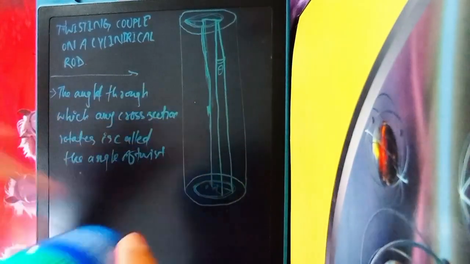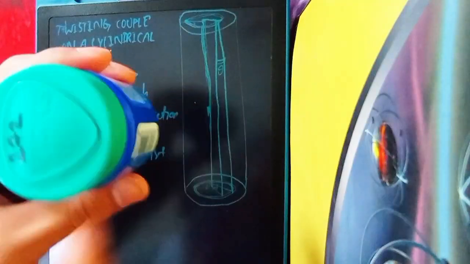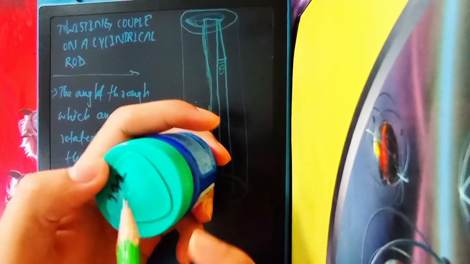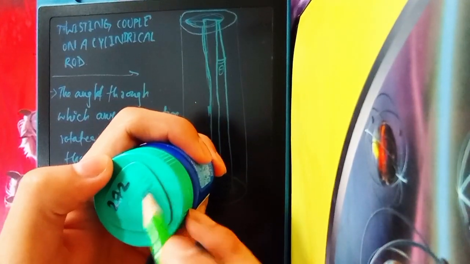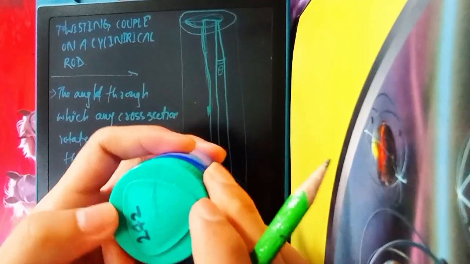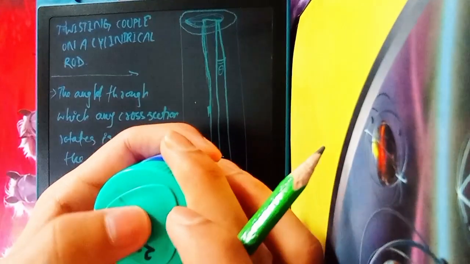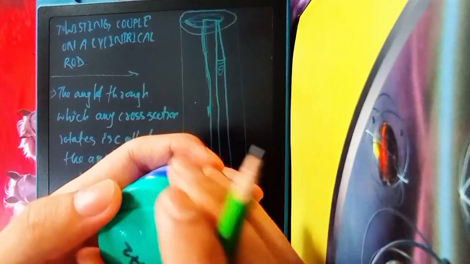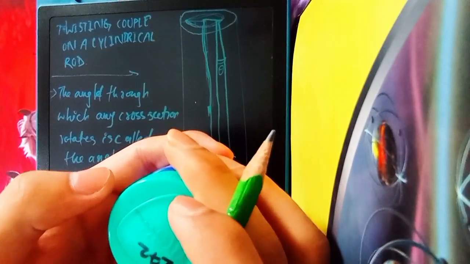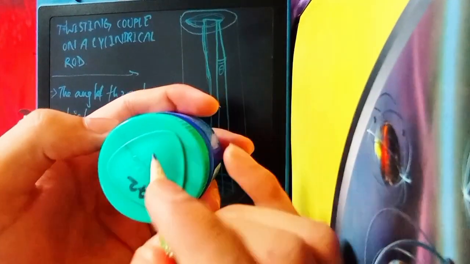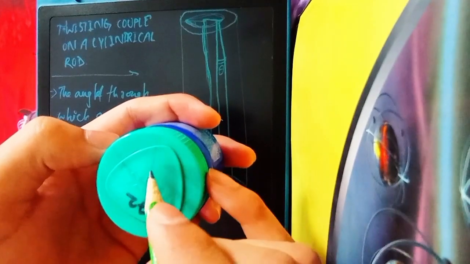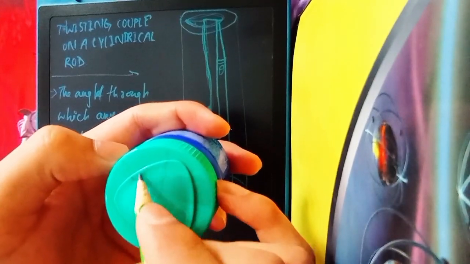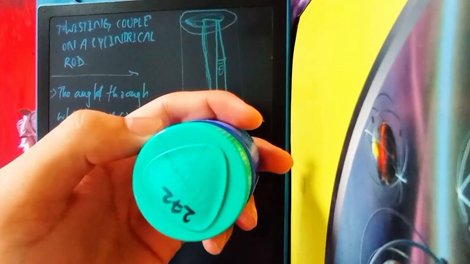Suppose I draw something here with a pencil. When I twist it, you will see that this moves. Originally it was here, and after twisting it comes to this. So this angle at its bottom we will call phi, and this phi is called the angle of twist.